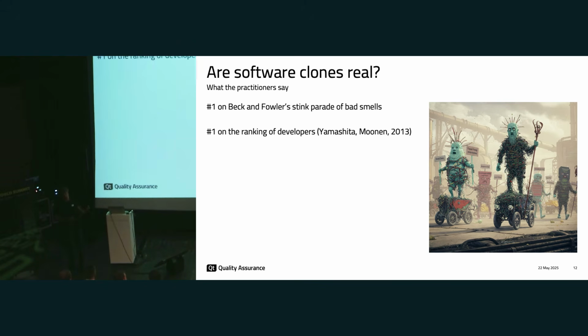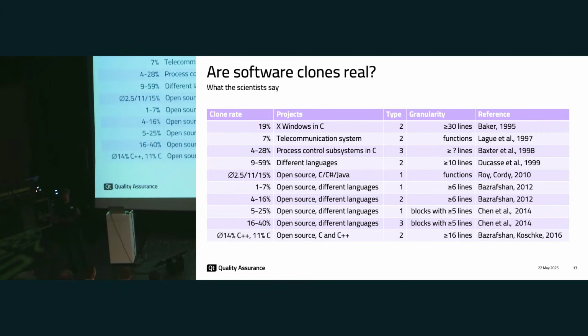And then again, you can still say, well, now it's the opinion of many people instead of just two. It's opinions. So do they exist? That's the question. In fact, they do exist. Actually, duplicated code clones are the most researched kind of bad smell. As I mentioned, there are hundreds of papers on that.